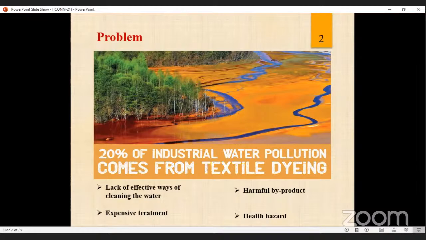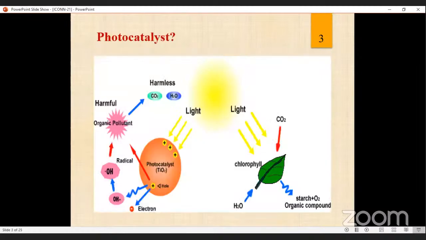So photocatalysis is an effective method that has come up with solutions to address all these issues. Photocatalysis is a process similar to photosynthesis in nature, where the photocatalyst, that is chlorophyll, takes light, carbon dioxide and water and converts them to carbohydrates and oxygen, which is safe and useful to the environment.